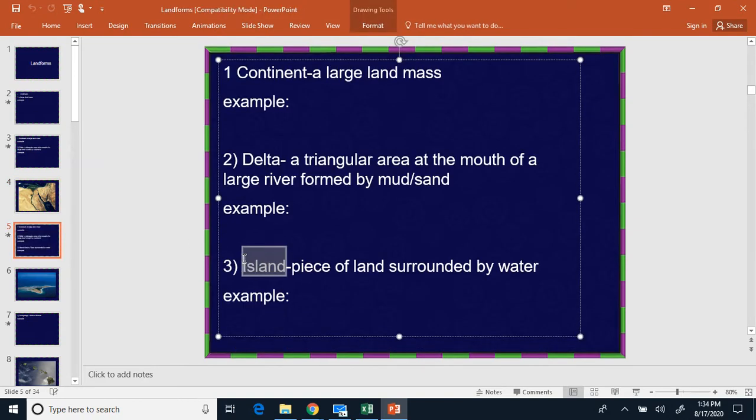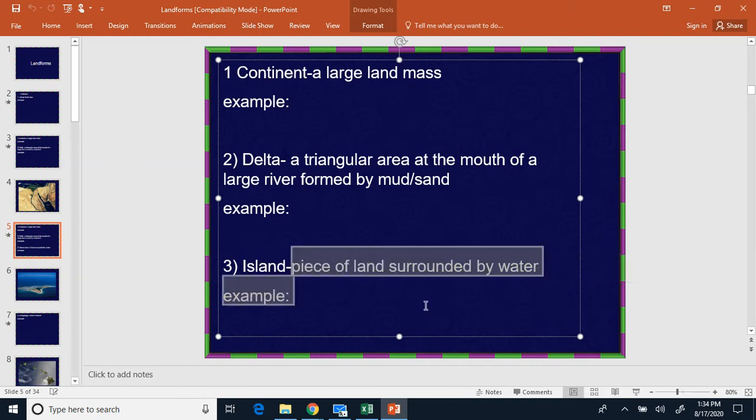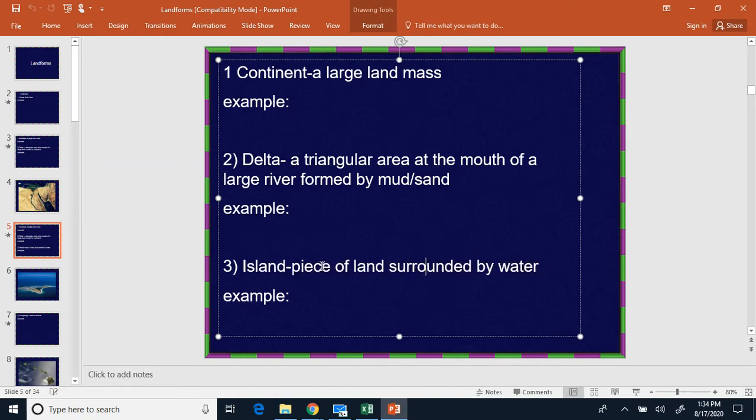Next bullet, island. And then 1, a piece of land surrounded by water. So an island is a piece of land surrounded by water on all sides.